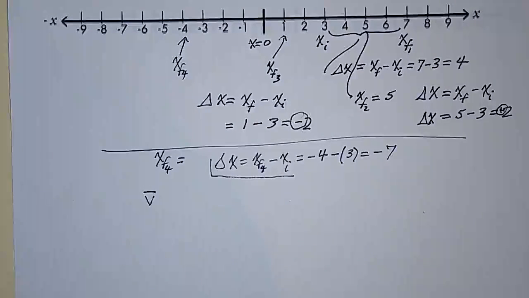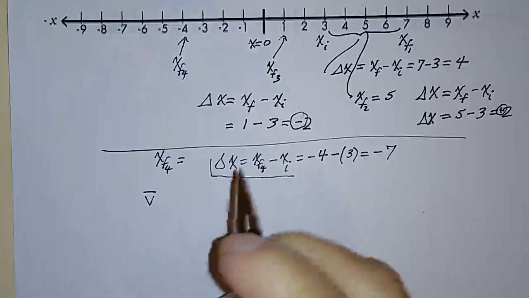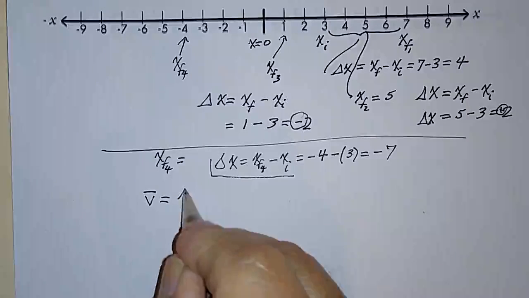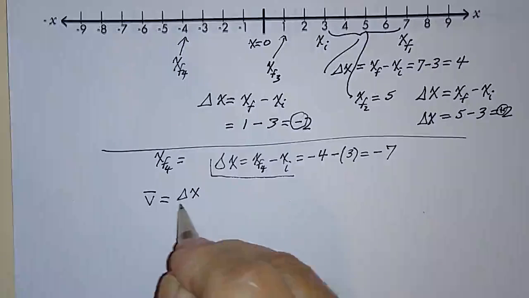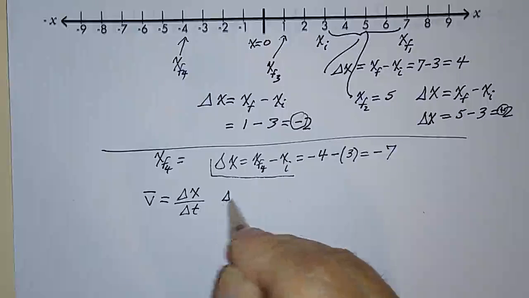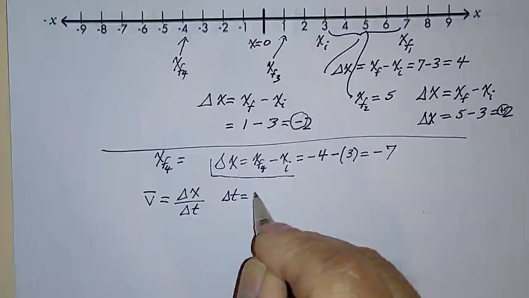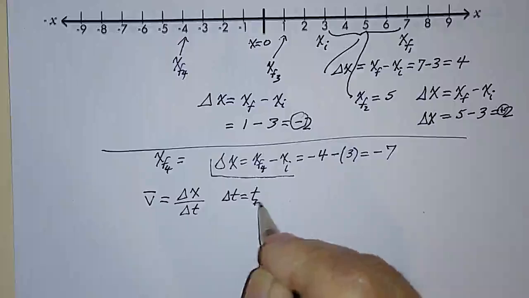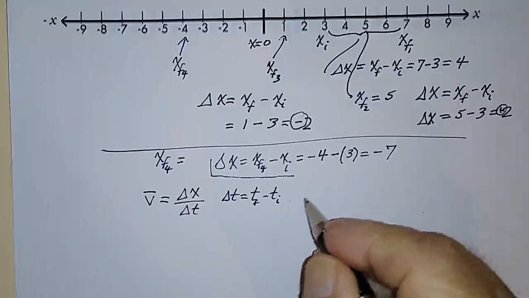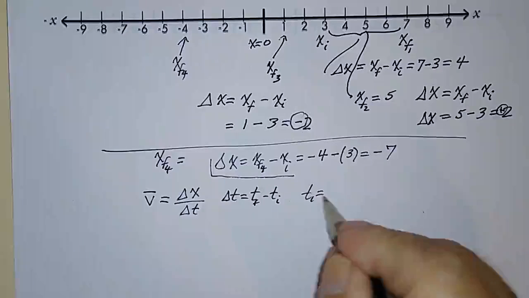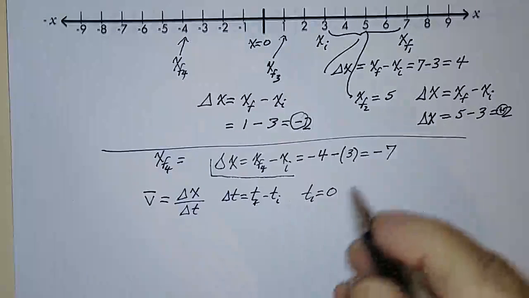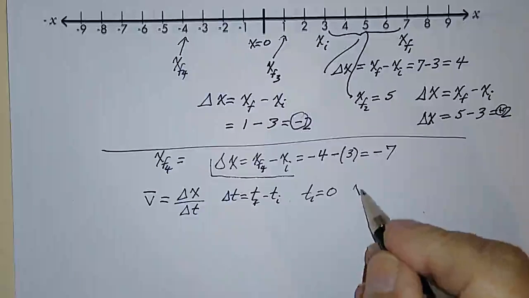Oftentimes a bar over a v represents average velocity. And that's going to be equal to delta x divided by delta t, where delta t is equal to t final minus t initial. A lot of times t initial is going to be equal to 0, and a lot of times x initial is going to be equal to 0.